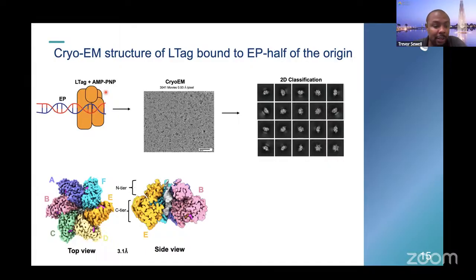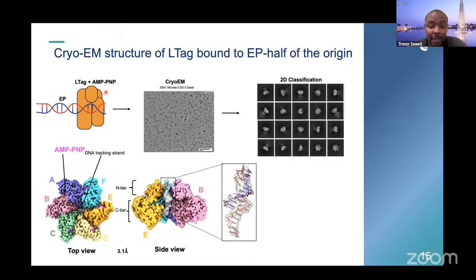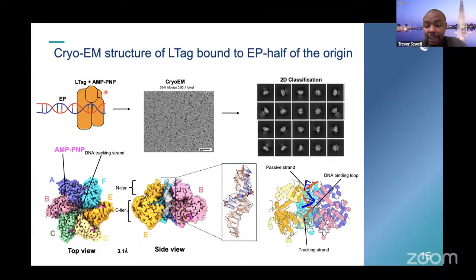And then with this reconstruction, we can identify the DNA from the channel and also from the side view. We can also pinpoint the density of the nucleotide in the helicase motor. And indeed, we could clearly build the model of the DNA alongside the model of the full protein.